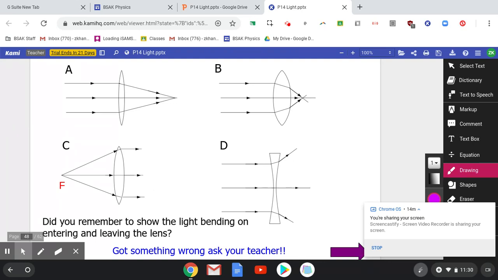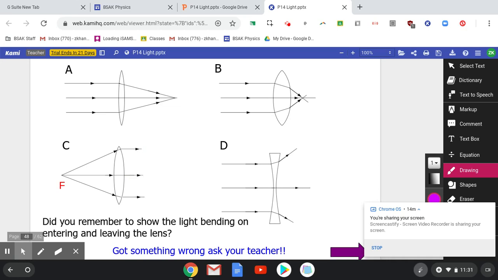So the path the light takes will be the same regardless of which direction it's going. So if light rays originated from this point here and took this trajectory, they will come out parallel on the other side. If they came from the focal point and hit the lens, they will come out parallel.